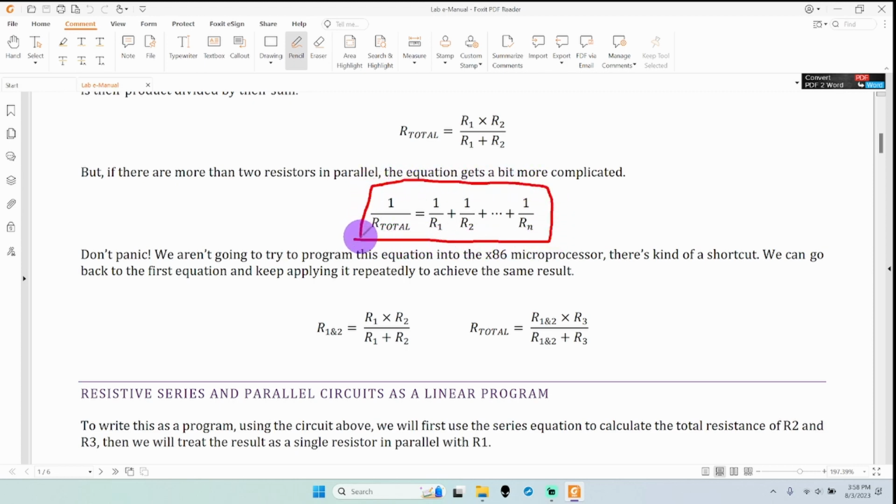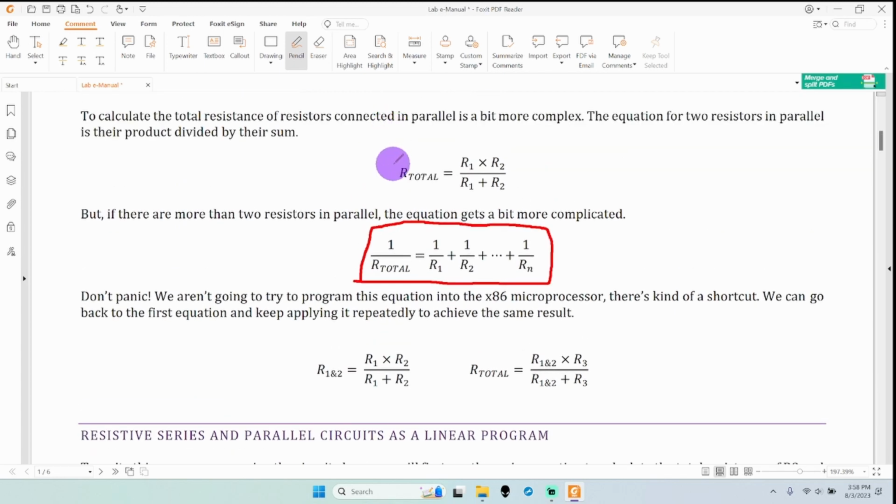Now, of course, again from previous classes, you see some algebra. We can manipulate it like so, if you have two resistors.